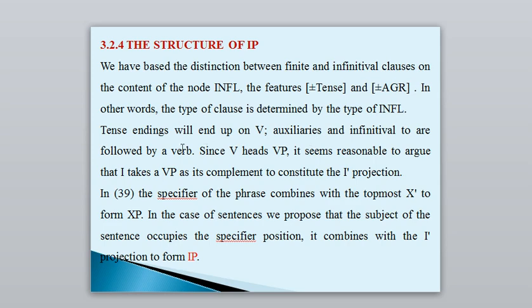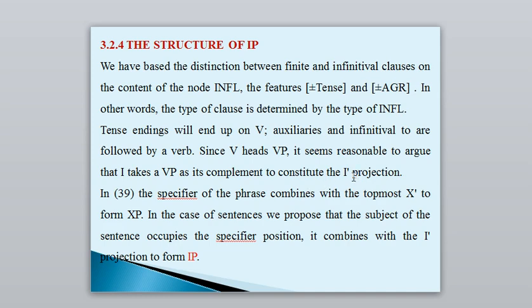So tense endings will end up on the verb, and auxiliaries and infinitival "to" are followed by a verb. Since a verb heads VP, it seems reasonable to argue that I takes a VP as its complement to constitute the I projection.